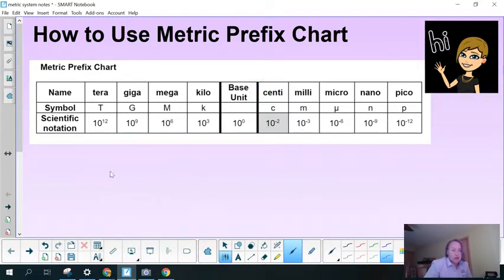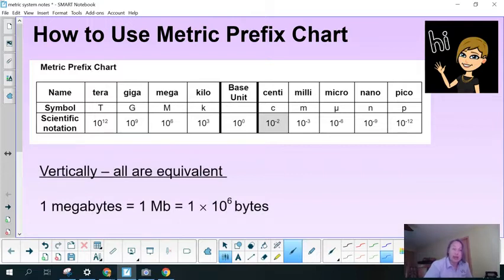To use the chart, we will use it vertically and horizontally. Vertically, all of these mean exactly the same thing. If you send a picture, let's say a Snapchat to a friend, the amount of data is about 1 megabyte. The base unit in this case would be byte, and the prefix would be mega.